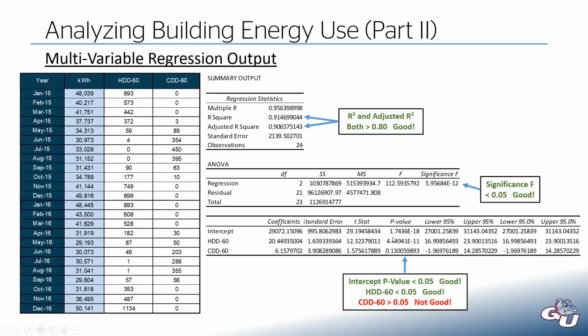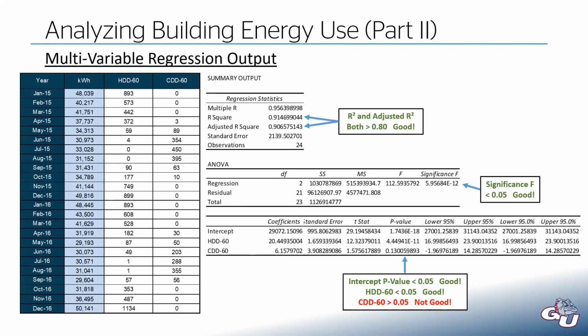So that tells me there's very high confidence in these two values here, that they can reliably be used to predict electric usage. But then you get to this cooling degree day variable. So 0.13. Well, that's above our 0.05 threshold where we kind of want to be.